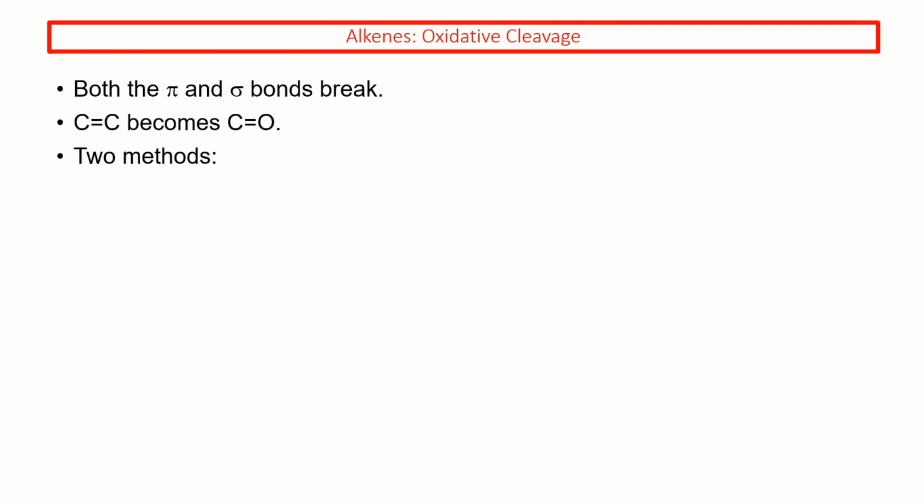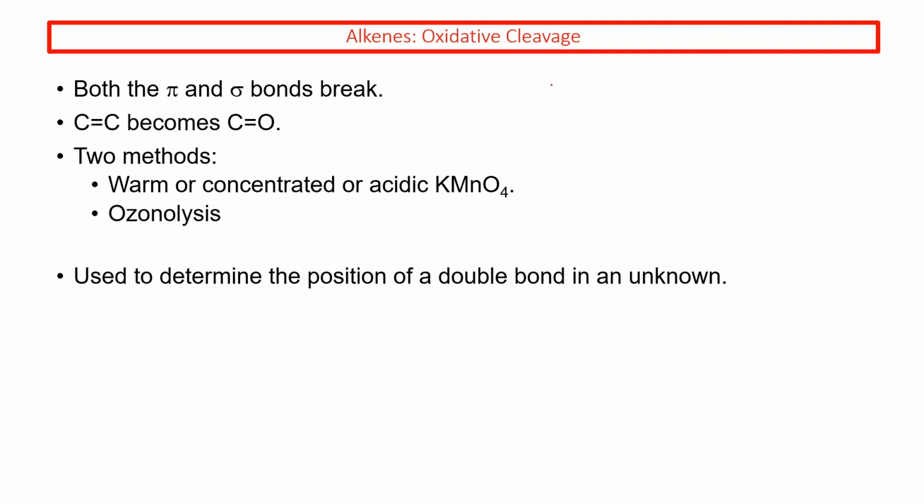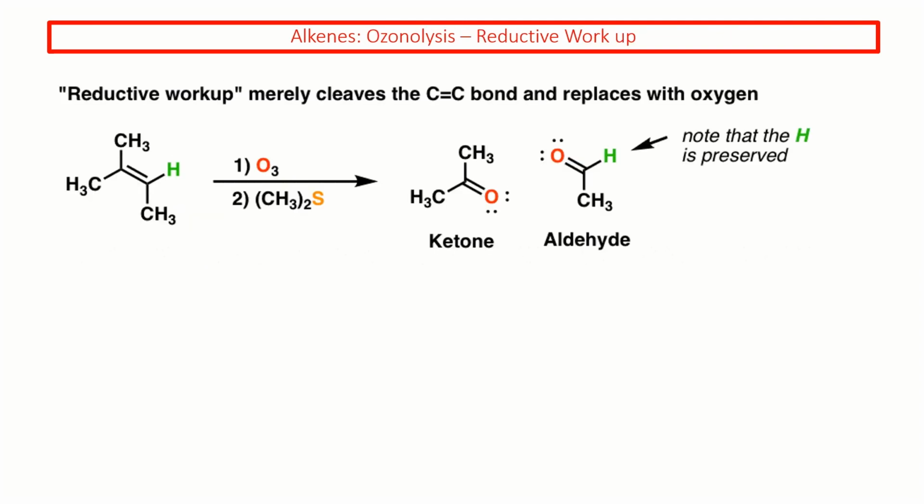Hot permanganate, i.e. severe oxidation, or using ozone, we end up with cleavage. In this case, with reductive conditions, this is dimethyl sulfide, sometimes there's some zinc present, we end up with cleavage of our alkene. So we have broken the carbon-carbon bond to give us carbonyls.